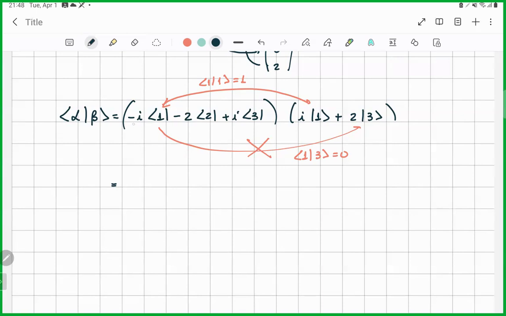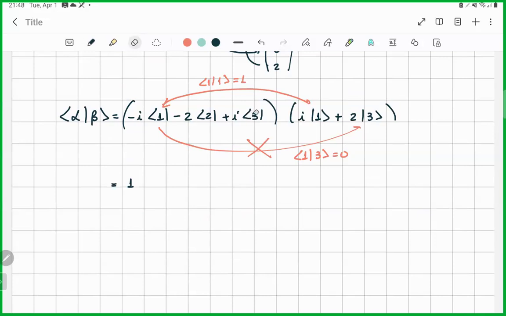We're going minus i with i plus 1. Then the next, this one with 3, we said 0, so we don't look at it. Then we go, the vector 2, the bra 2 with 1, 0, because it's orthogonal. 2 with 3, 0, because it's orthogonal, so nothing from that.